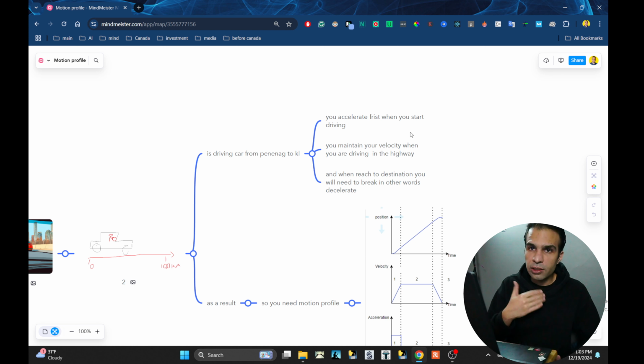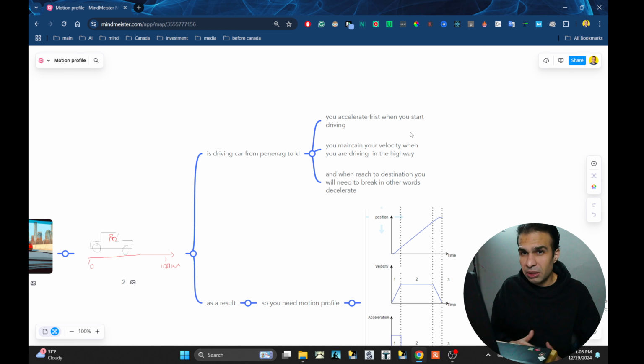Okay. After that, when you are on the highway, you will maintain your speed at a certain speed, for example 100 kilometers per hour, or whatever the limit of that road is. And when you get near to the destination, you slowly decrease your speed by putting on the brake pedal, right? So yeah, this is exactly the job of the motion profile.